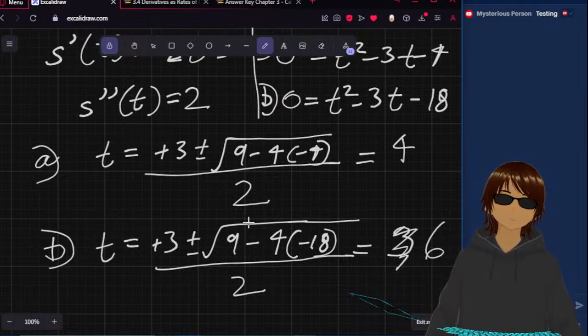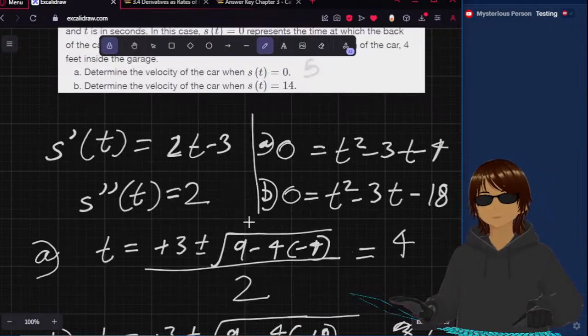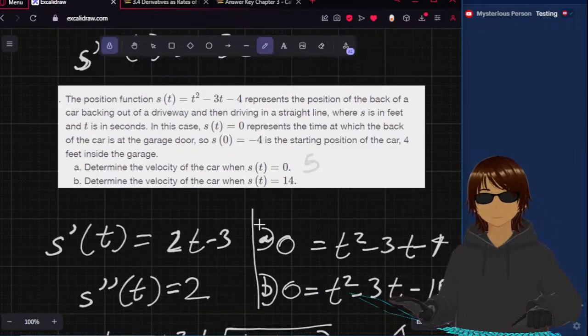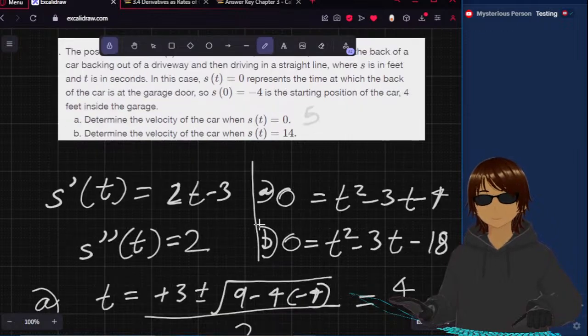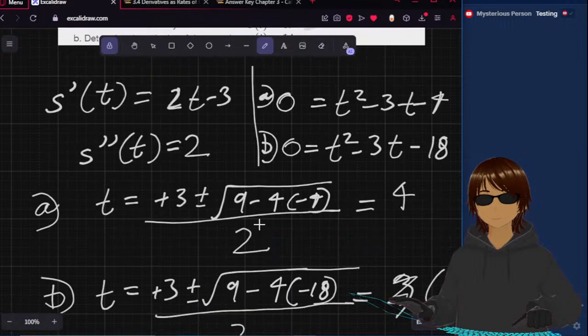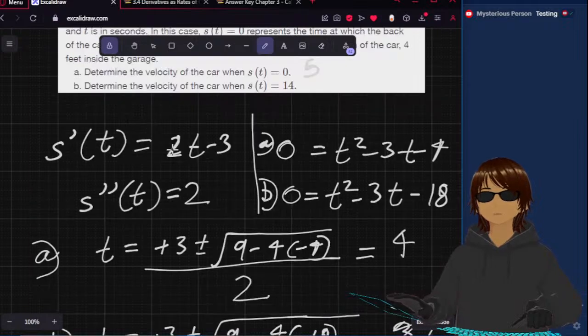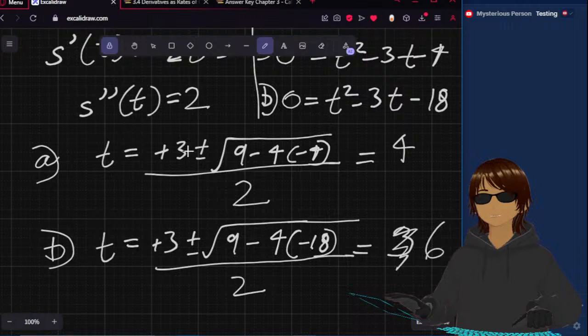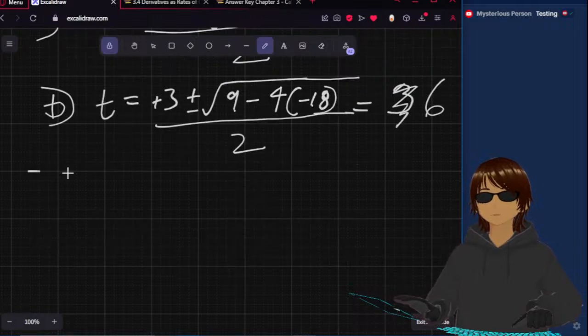Root 81 is 9, plus 3. It is 6. Oh, I forgot to plug it in here. So 6 times 2 is 12. Then minus 3 is 9 here.